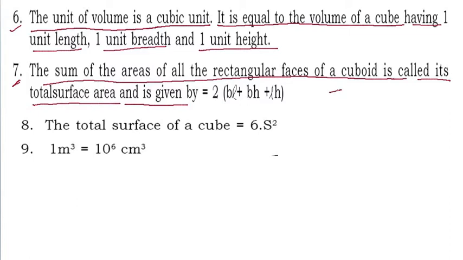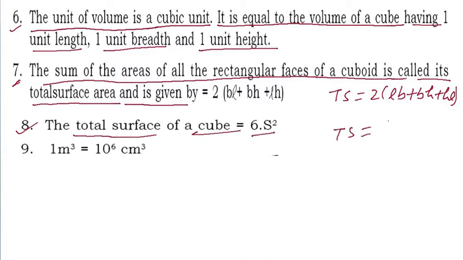So you can write, total surface area is equal to 2(LB + BH + HL). So that is the formula. Now the total surface area of a cube is 6 times the side squared. So total surface area of cube is 6a square. In this cube, you can say length is equal to breadth is equal to height and it is a. That is the side.